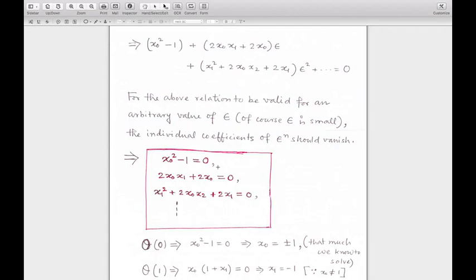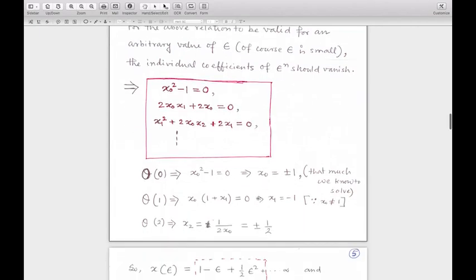If not, there is a problem in your calculation, because this is the very primary requirement. Then for epsilon to the 1, we have 2x0 x1 plus 2x0 is equal to 0, and for epsilon square we have x1 square plus 2x0 x2 plus 2x1 is equal to 0.